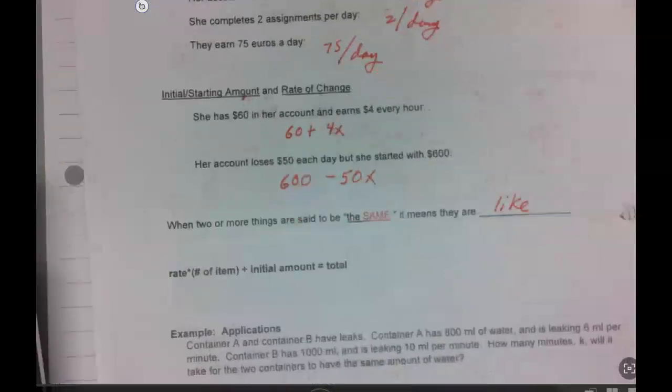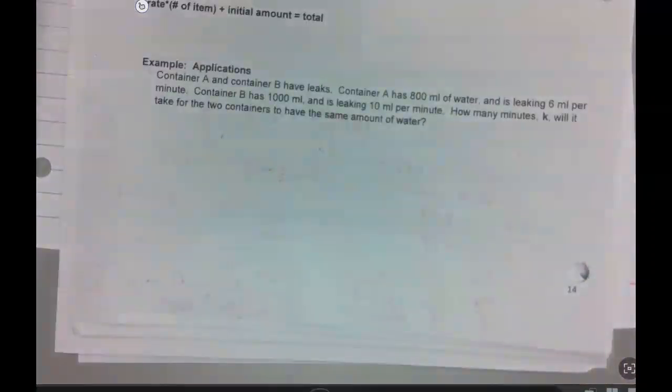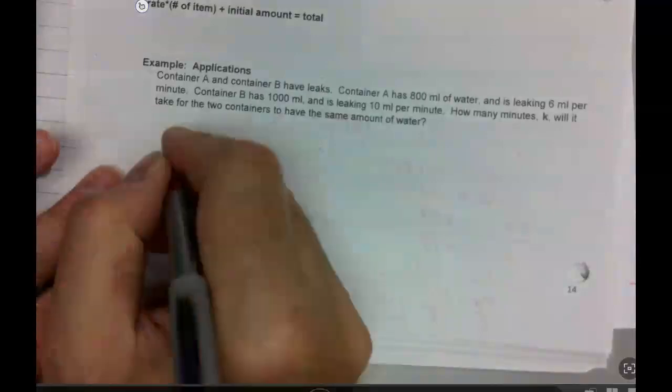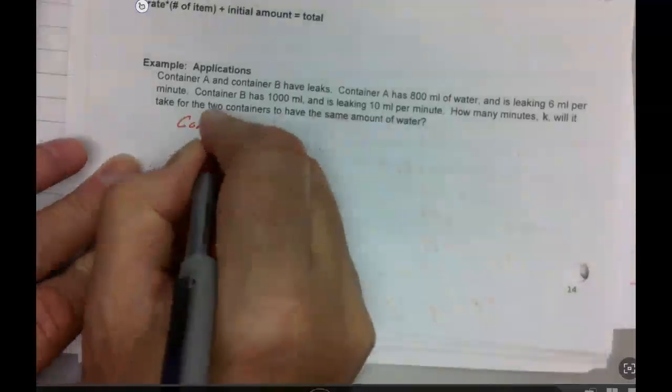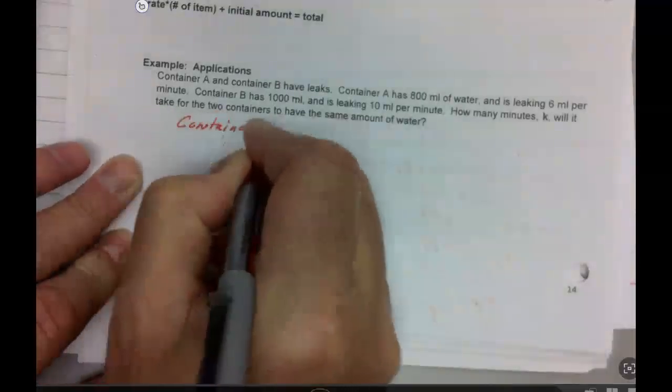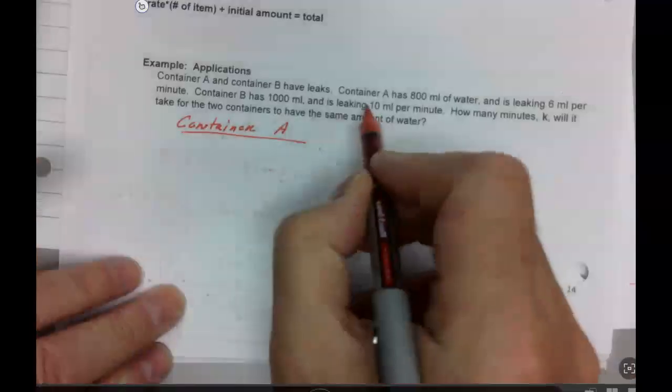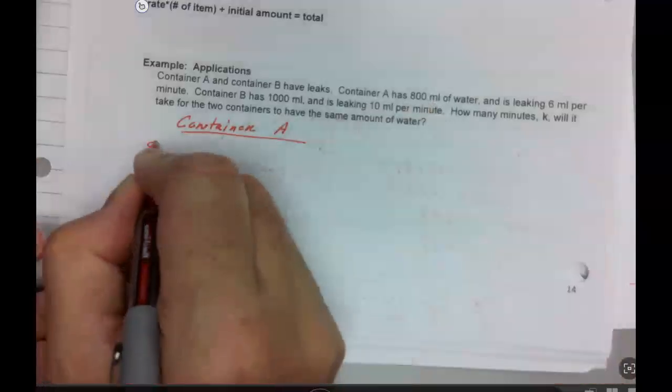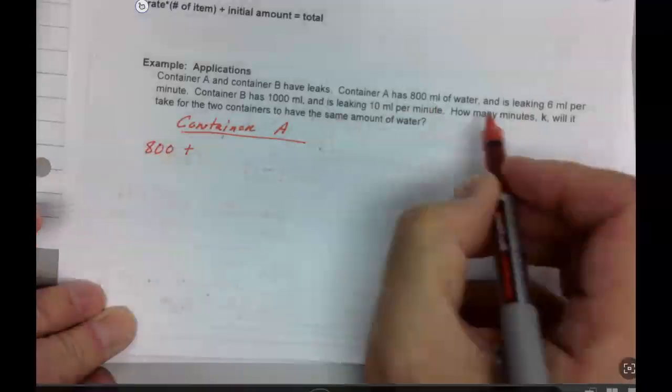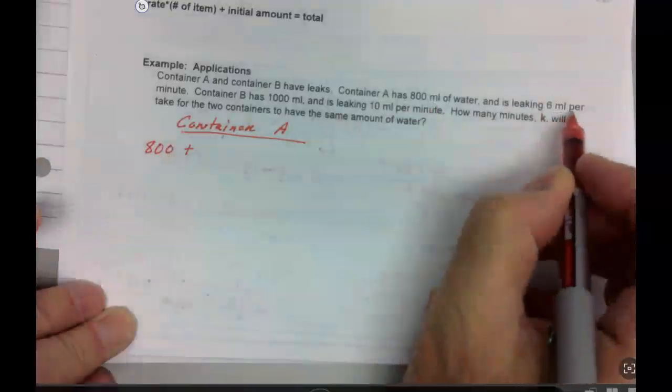Okay, so container A. Container A and container B have leaks. Container A has 800 milliliters of water, plus is leaking 6 milliliters per hour.